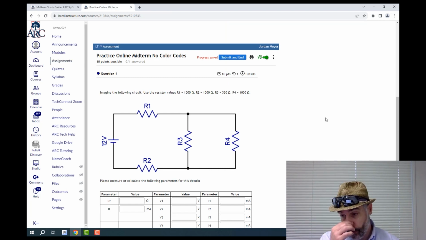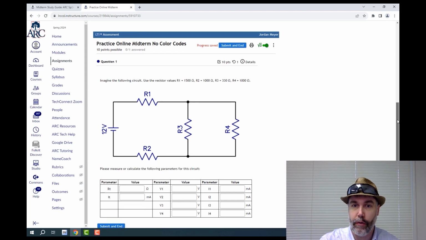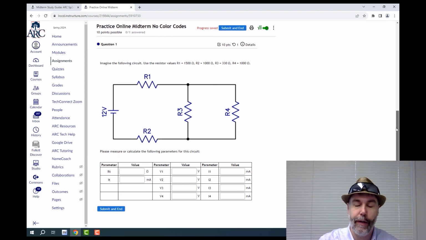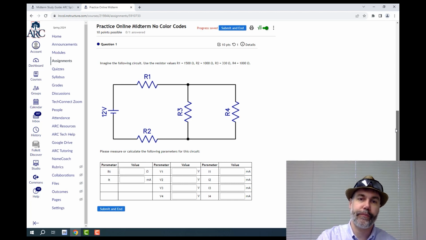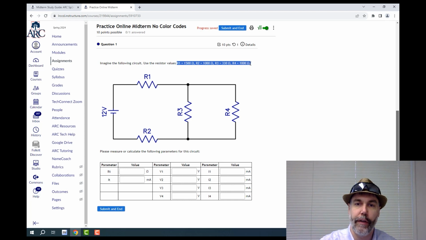So what I want to do here in class is walk through this practice midterm and show you how you can actually do it yourself. And then after I'm done, you can go off and do it. It shows this circuit with 4 resistors, and up at the top, the resistor values: R1 is 1500 ohms, R2 is 1000, R3 is 330, and R4 is 1000 ohms.